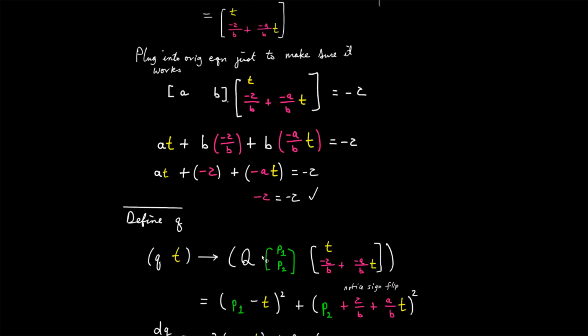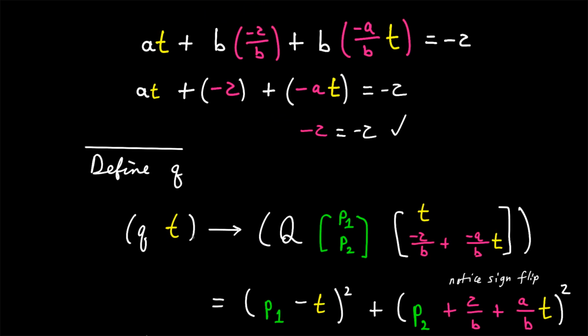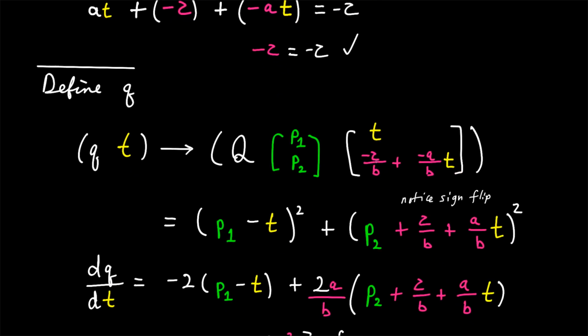So we're done. All right, we're defining q, so q of t is equal to q, the quadrance between this point and this other point. So quadrance between p1, p2, and t, and minus c over b plus minus a over b t. And of course, this is going to be equal to p1 minus t squared plus p2 plus, notice the sign flip because we're taking a subtraction here, c over b plus a over b times t squared.